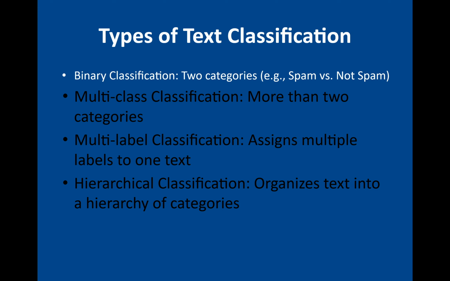Then there is hierarchical classification, which involves organizing text into a hierarchy of categories, for example, categorizing scientific papers into subjects, subfields, and topics.